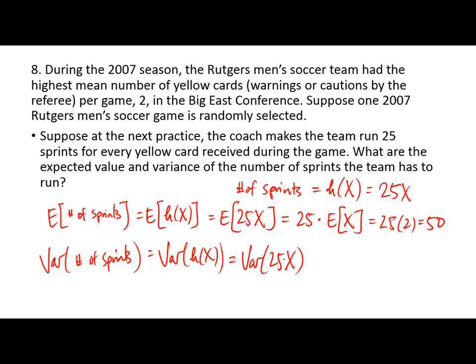Exactly right. I can pull that 25 outside of the variance, but now I have to square it. So this is equal to 25 squared times the variance of x. You all remember your squares tables, right? 625 times the variance, which is 2, or 1250.